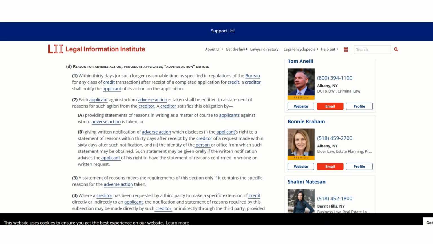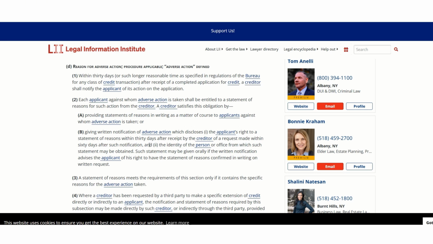Each applicant against whom adverse action is taken shall be entitled to a statement of reasons for such action from the creditor. A creditor satisfies this obligation by providing statements of reasons in writing as a matter of course to applicants against whom adverse action is taken, or giving written notification of adverse action which discloses the applicant's right to a statement of reasons within 30 days after receipt by the creditor of a request made within 60 days after such notification.